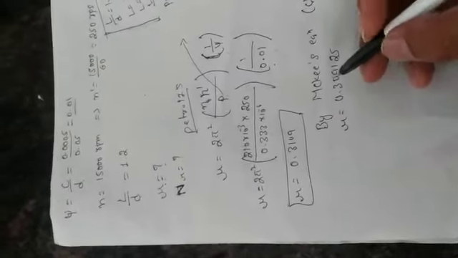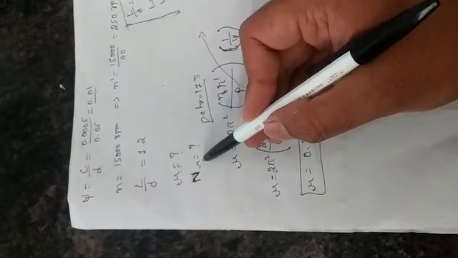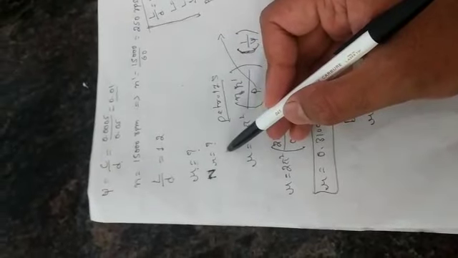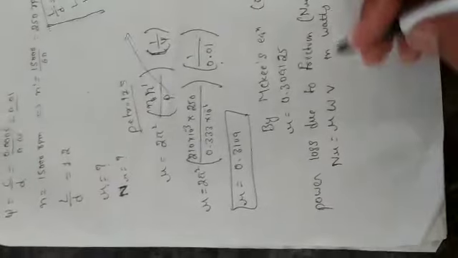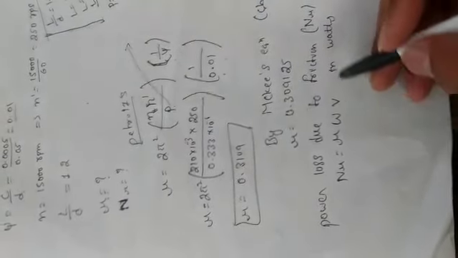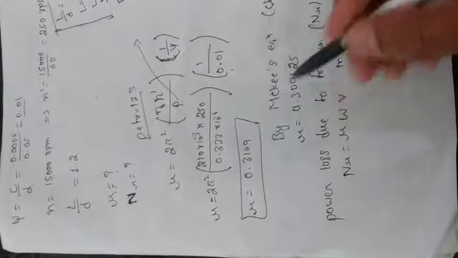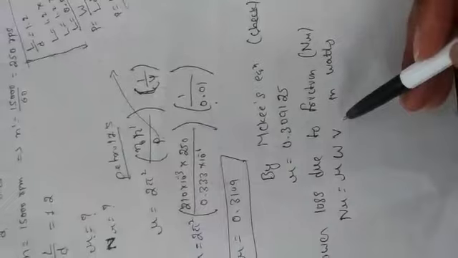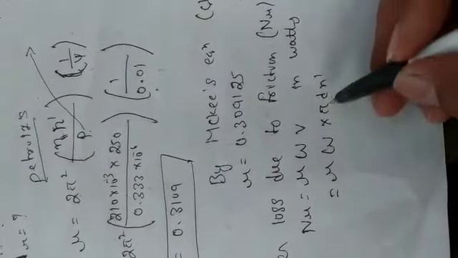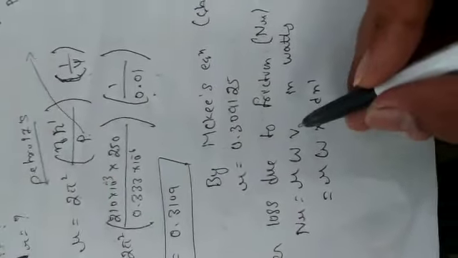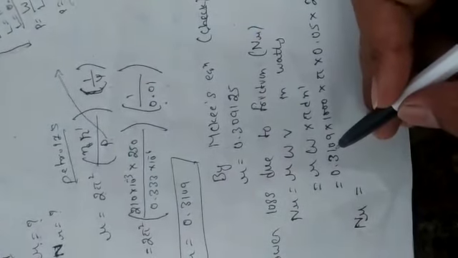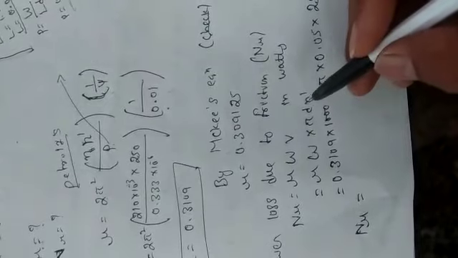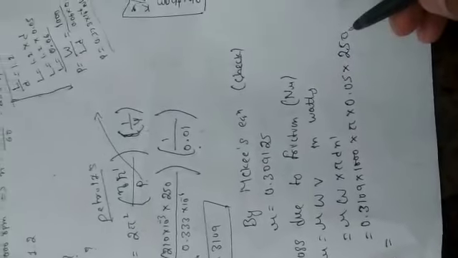The next step is to find the power loss due to friction. Power loss is equal to mu W V. Mu is known, 0.3109, W is 1000, and V is pi d n dash. So substitute mu as 0.3109, W as 1000, pi d with d as 0.05, and n dash as 250 rps.